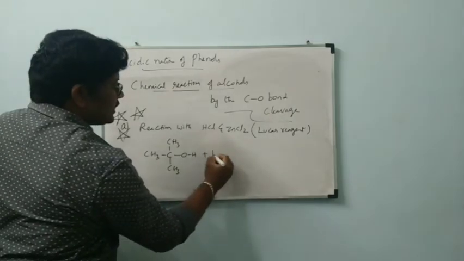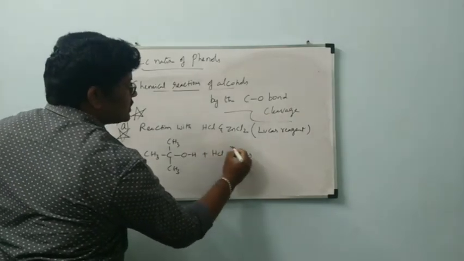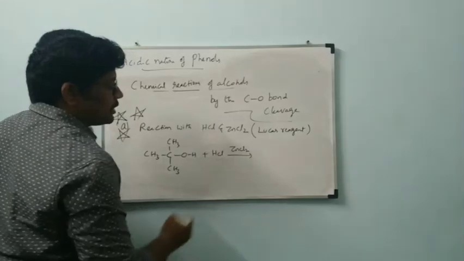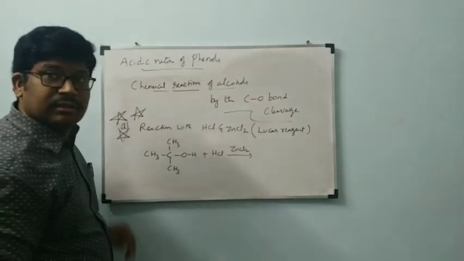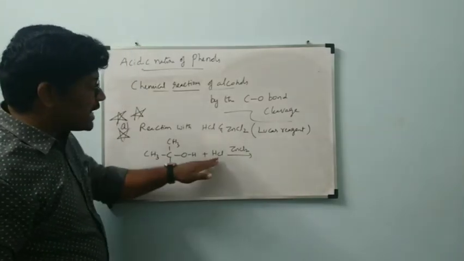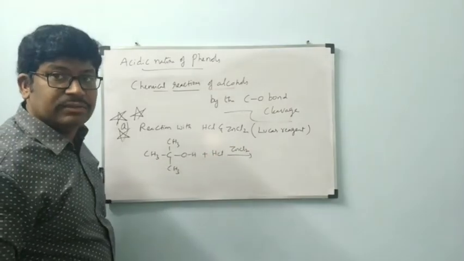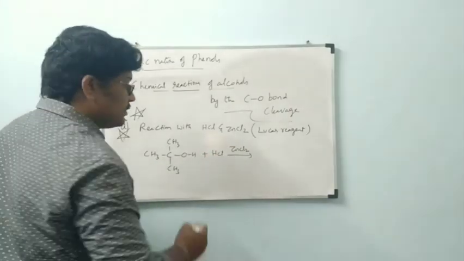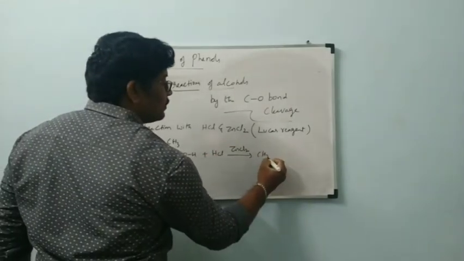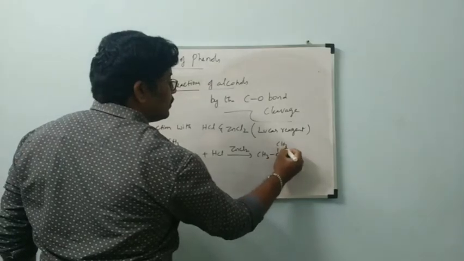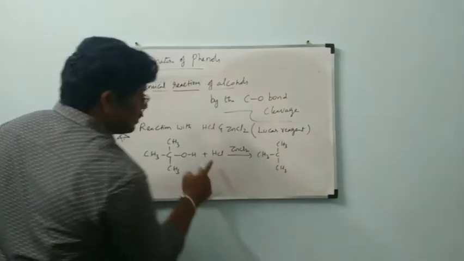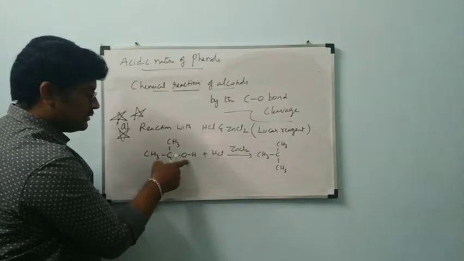Alcohol reacts with HCl in presence of ZnCl2. ZnCl2 is called the catalyst. Chlorine is going to replace OH.